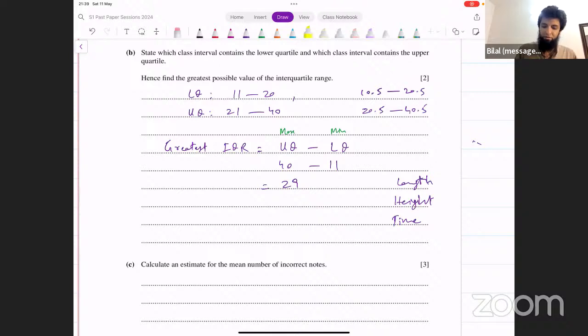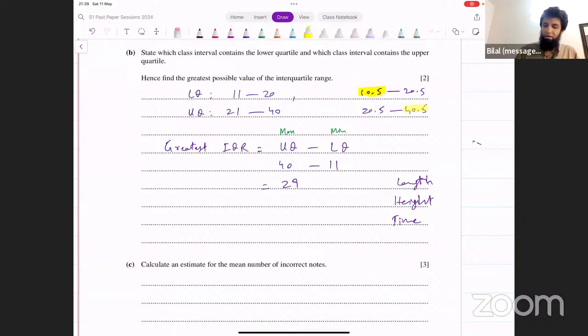You would have used 10.5 as the lowest possible value, because this is the actual boundary of that interval. Because if some length was 10.8, for instance, or 10.6, it would be rounded off to 11. So values more than 10.5 are also part of this interval.